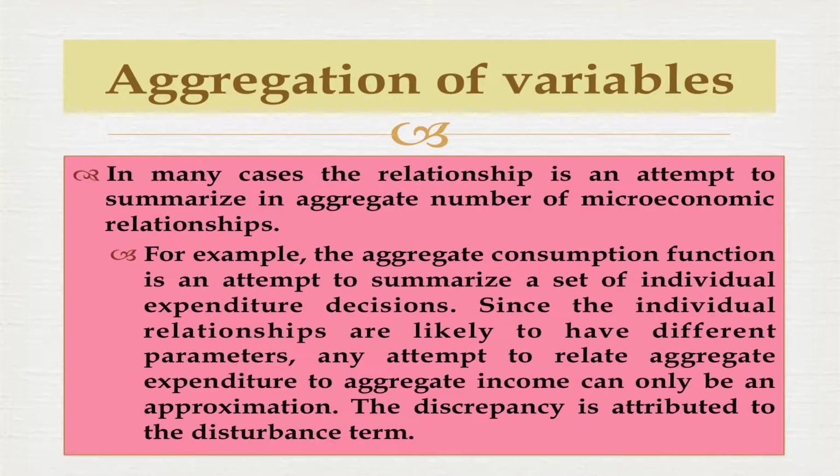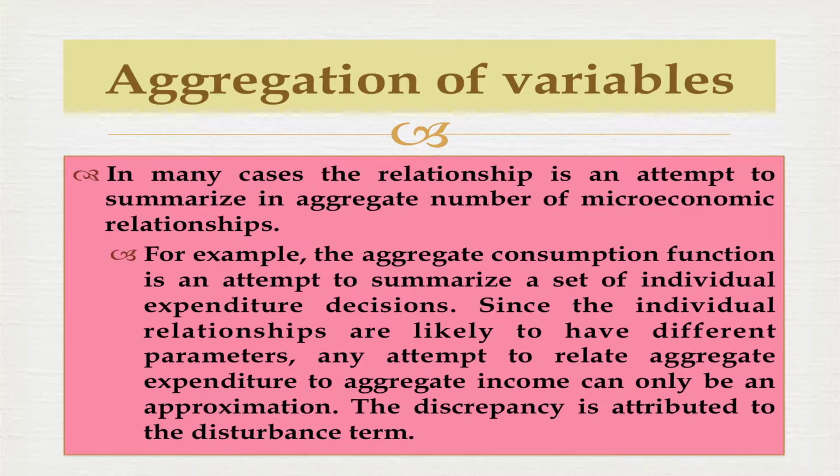Sixth, aggregation of variables. In many cases, a relationship is an attempt to summarize in an aggregate number a set of microeconomic relationships. For example, the aggregate consumption function is an attempt to summarize a set of individual expenditure decisions.